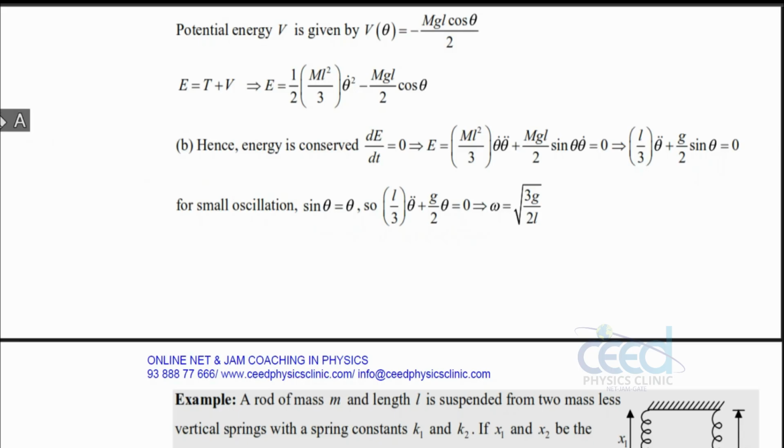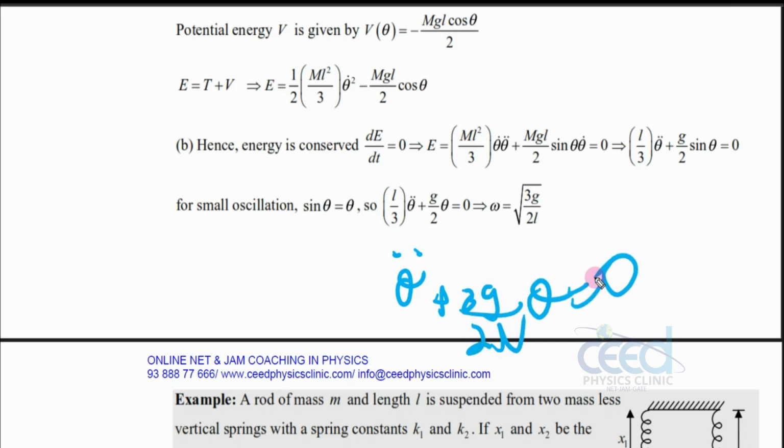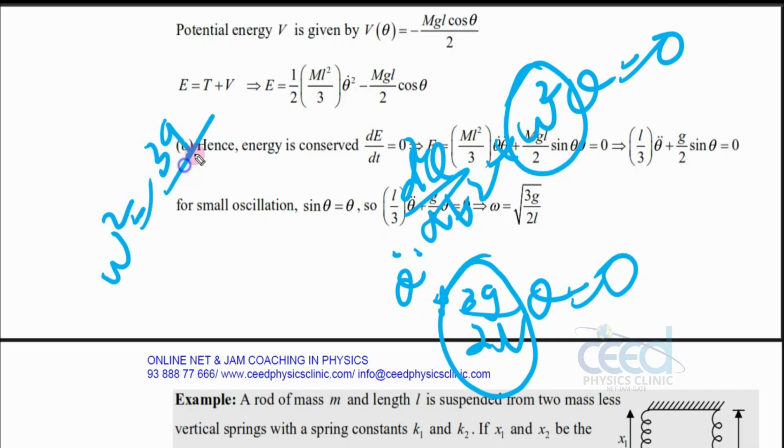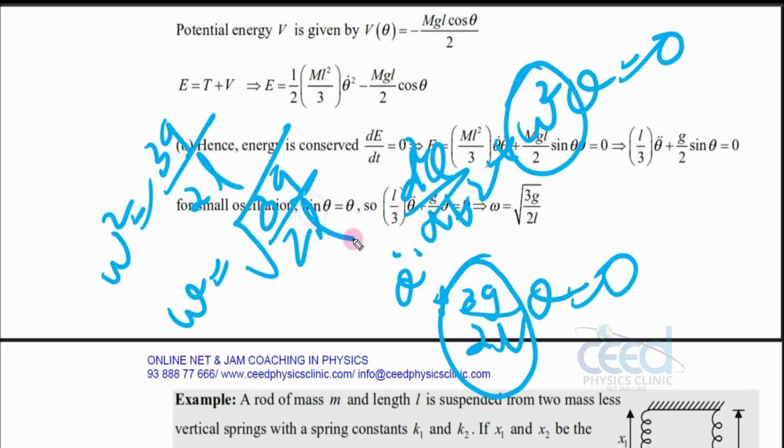By comparing with the original equation, theta double dot plus 3g by 2L theta equal to 0. That means d square theta by dt square plus omega square theta equal to 0 form. Then what is omega square? Omega square is equal to 3g by 2L. That is the angular frequency.